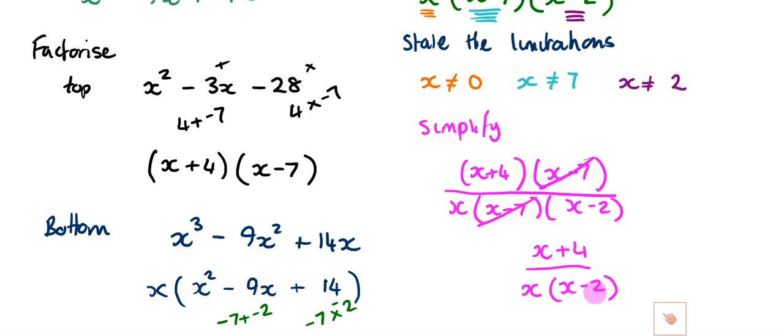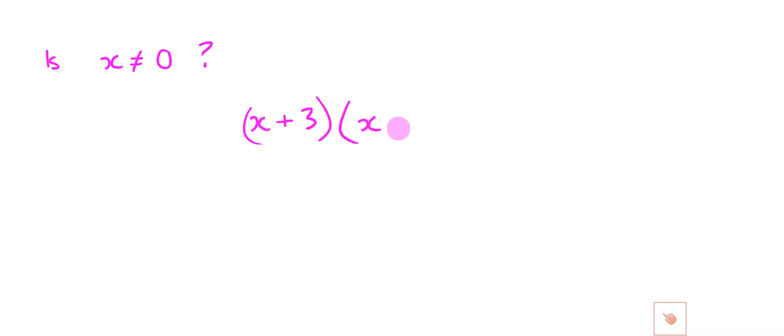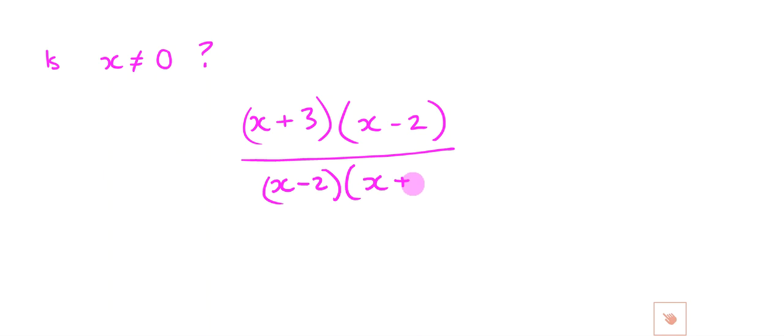Because let's just give you an example of that. Is x always not equal to 0? That's the question. So let's say we had a factorized form where we had (x plus 3)(x minus 2) all over (x minus 2)(x plus 4).